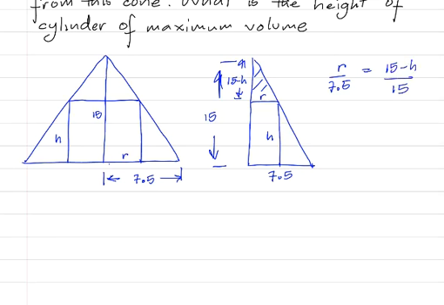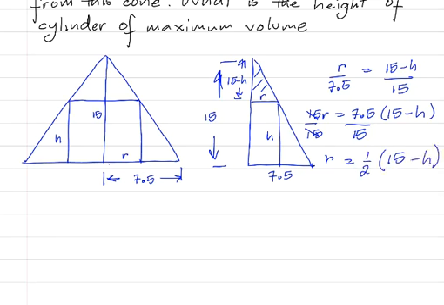Cross multiplying, 15r is equal to 7.5 times 15 minus h. If I divide both sides by 15, I get r is equal to a half of 15 minus h.